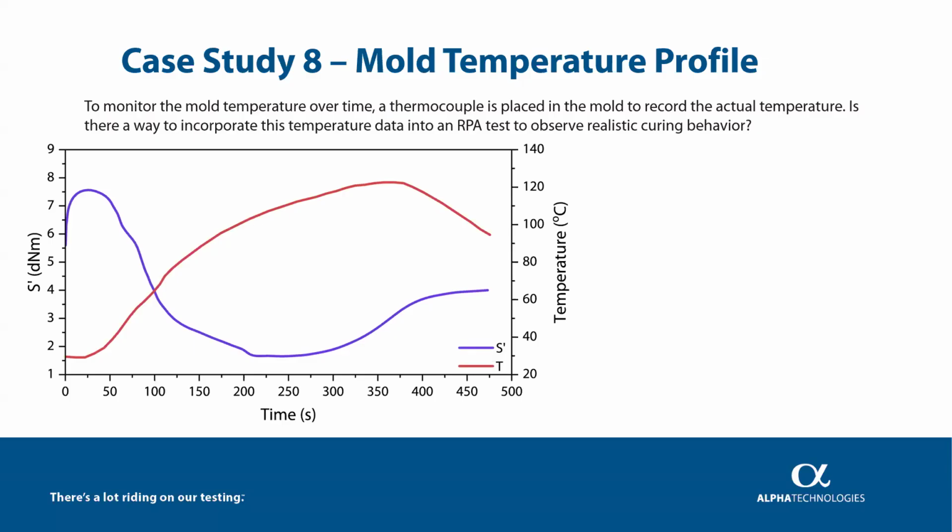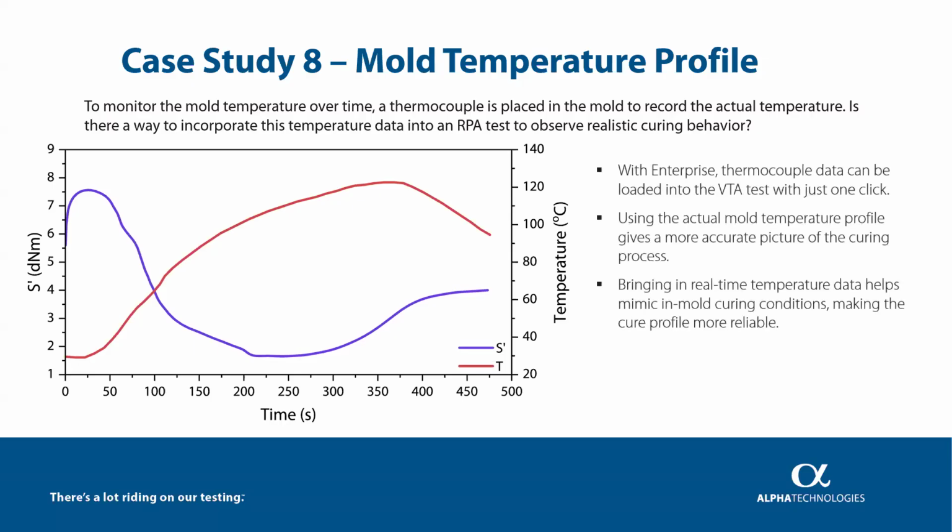In this case, the customer placed thermocouples inside their molds to record the actual temperature profile during curing. Using that temperature profile, we took the next step with our enterprise database, which allows you to upload a custom temperature profile as a simple text file. With just one click, we were able to run a variable temperature analysis test based on their real mold temperature conditions.